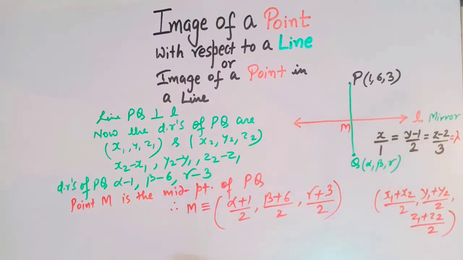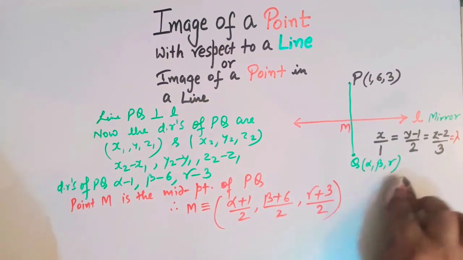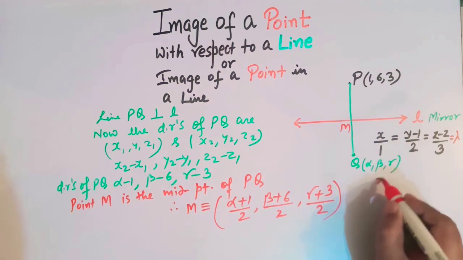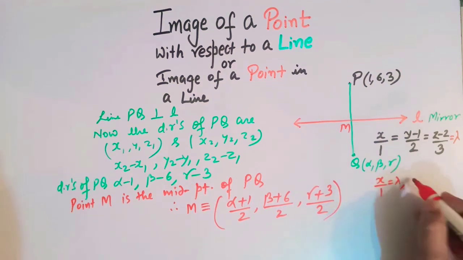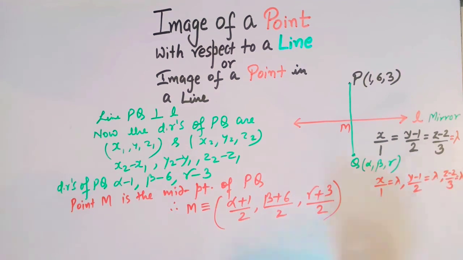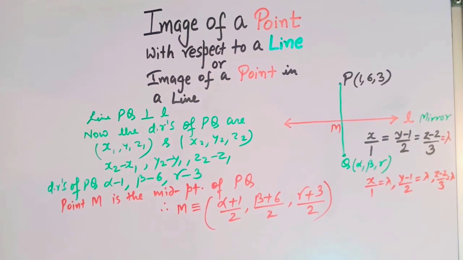So the general point lying on this line L is given by x by 1 is equal to lambda, y minus 1 by 2 is equal to lambda, and z minus 2 by 3 is equal to lambda, right?